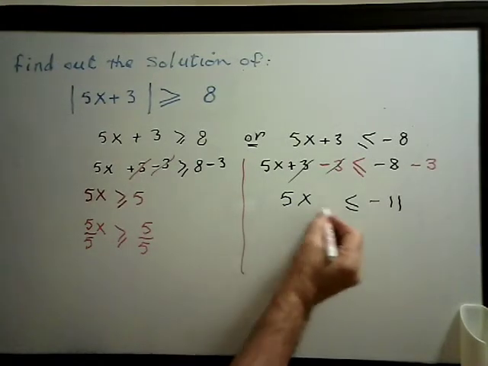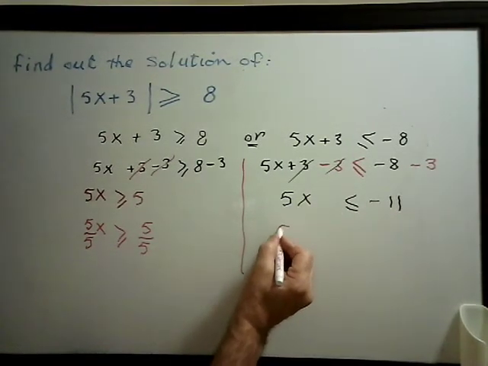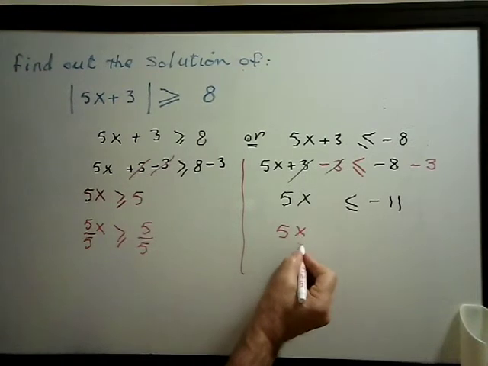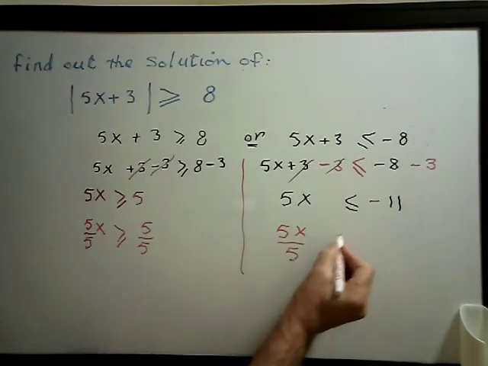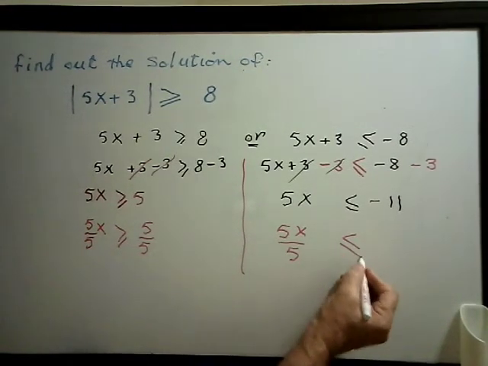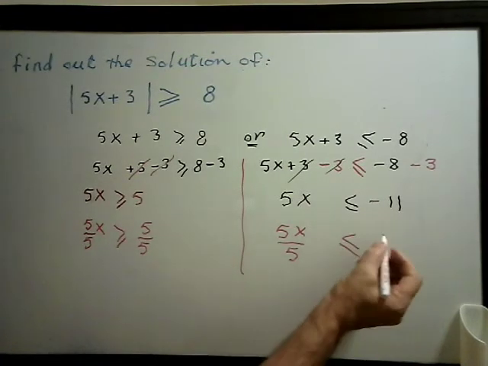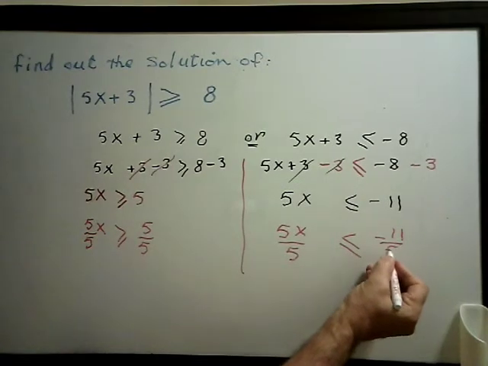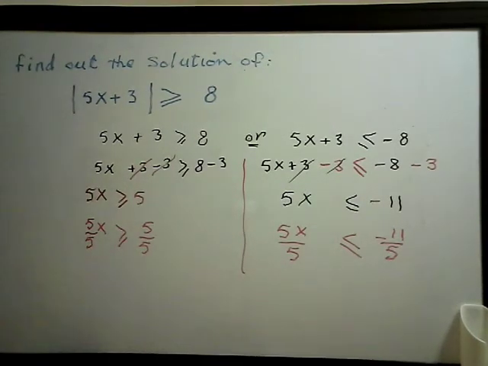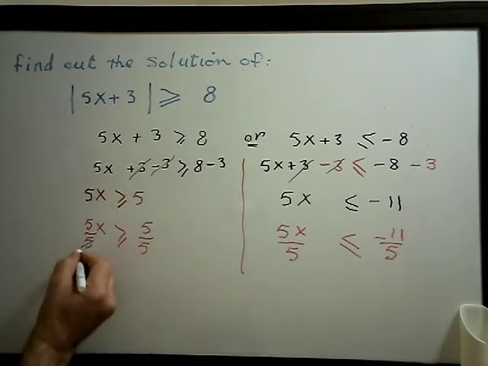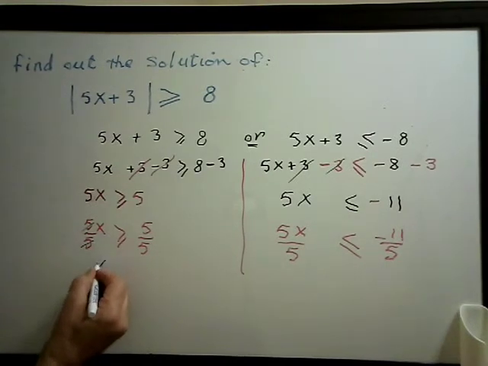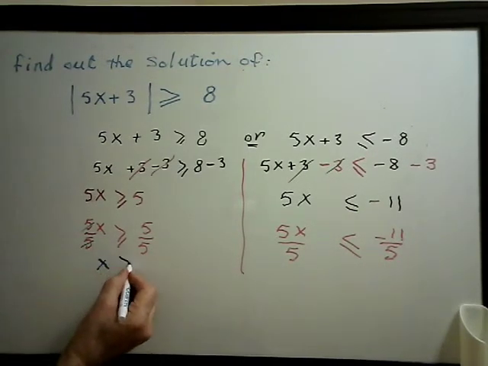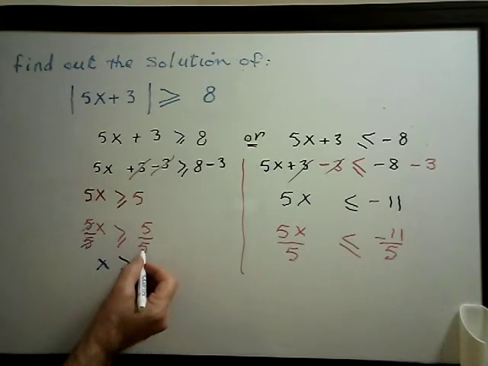Here dividing by 5 will give me 5x over 5, also the inequality sign stays without a change, -11 over 5. Now the result: as 5 goes with 5, here x is greater than or equal to 5 over 5, that means 1.